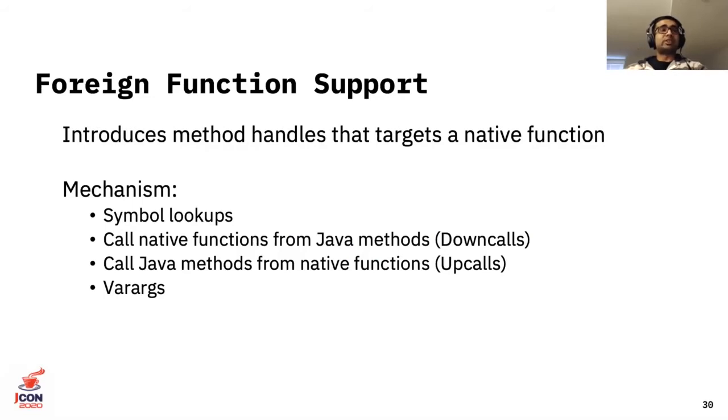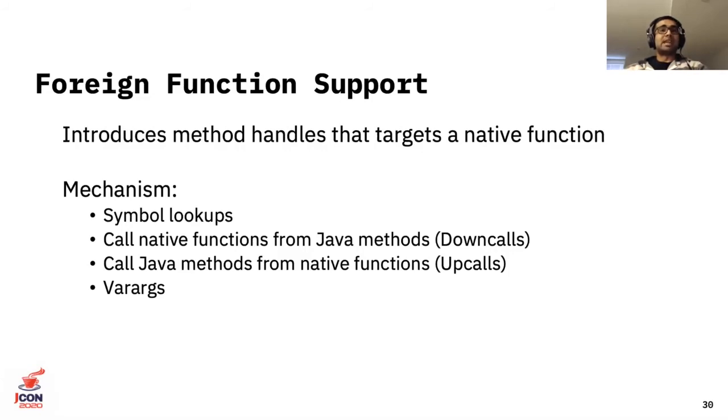The main function of this API is to allow invocation of native functions from Java code and vice versa. To achieve this goal, it introduces a new type of method handle named native method handles, which target a native function. A method handle is similar to a VarHandle. Instead of a variable, it targets a method and allows invocation of that method.